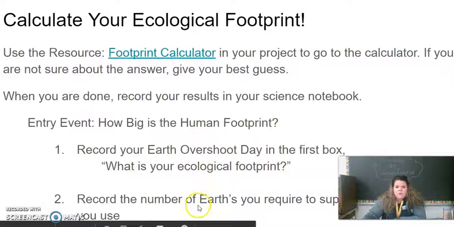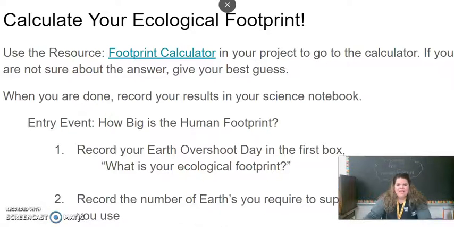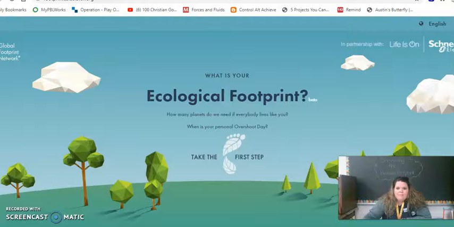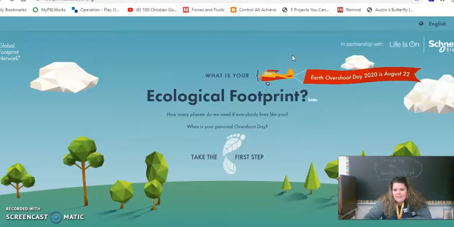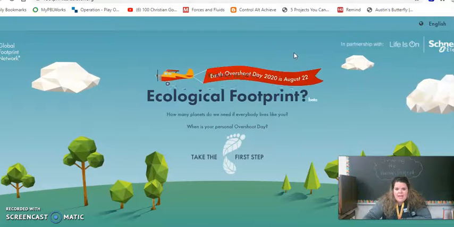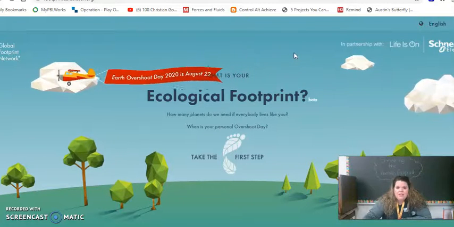And then you're also going to record the number of Earths you require to supply the resources you use. So look at the presentation and click on the Footprint Calculator. Here's what it looks like. Here's how you're going to calculate your ecological footprint. Go ahead and pause the video, click on the link, and calculate your ecological footprint.